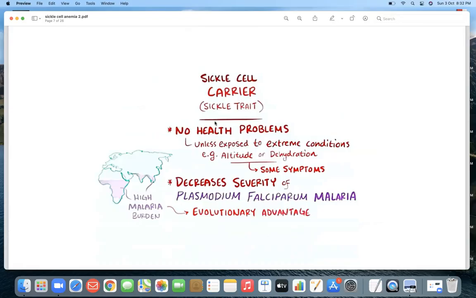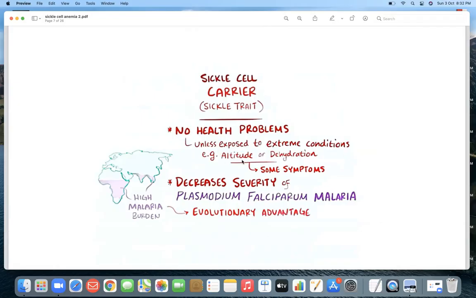The good thing about sickle cell trait is there are no health problems unless exposed to extreme conditions, triggers like going to high altitude, or dehydration from vomiting, diarrhea or something. What are the things to keep in mind in sickle cell anemia? Always they should have good oxygen, good hydration, and warmth, right?